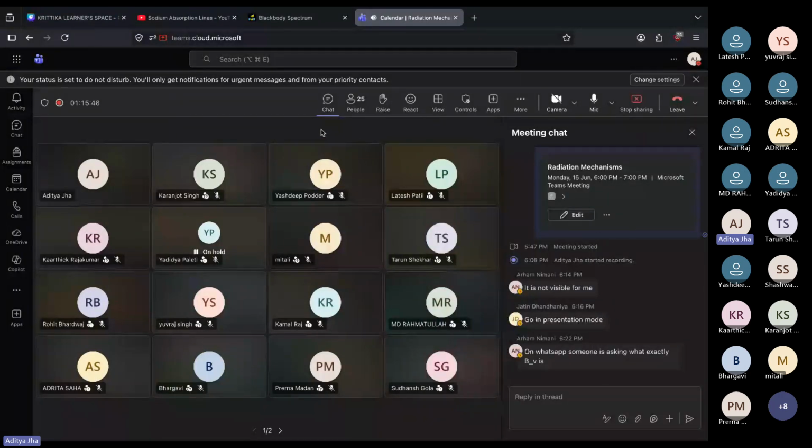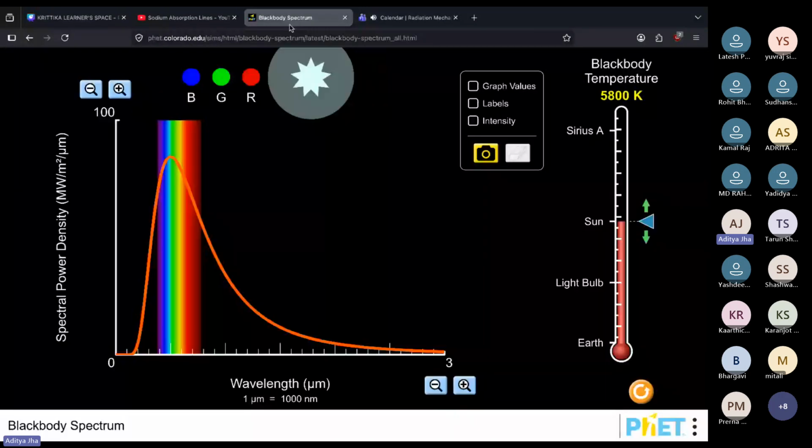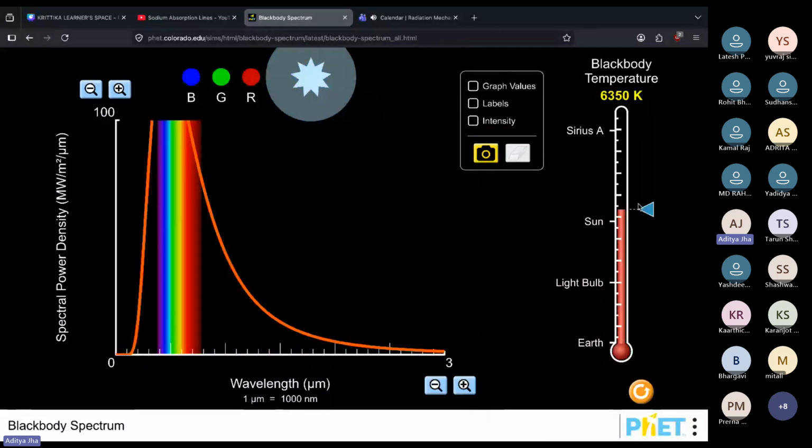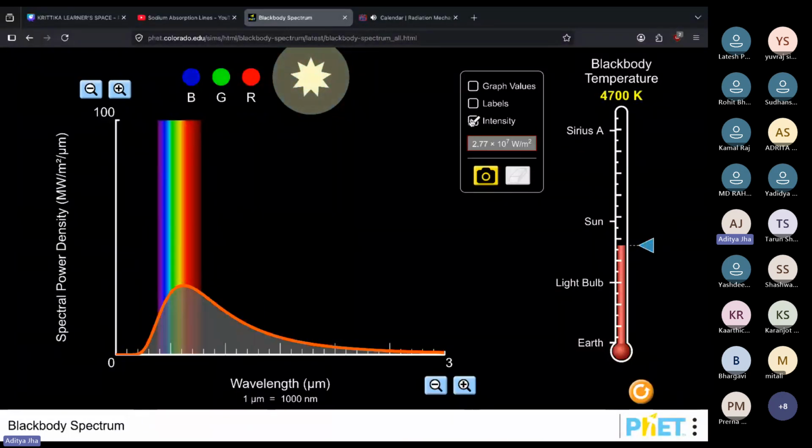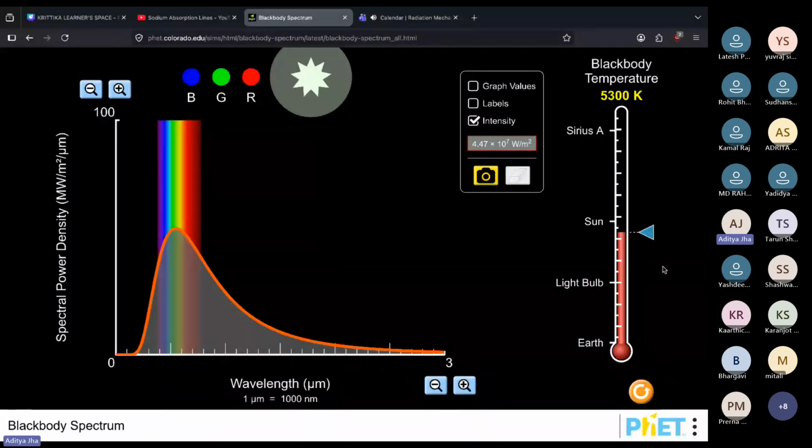And before I end the session, I would like to show you guys an interesting simulation that I found online. This is a simulation of the black body spectrum. You can basically adjust values of temperature here, and you can check some intensity values, like the total intensity coming from a source.